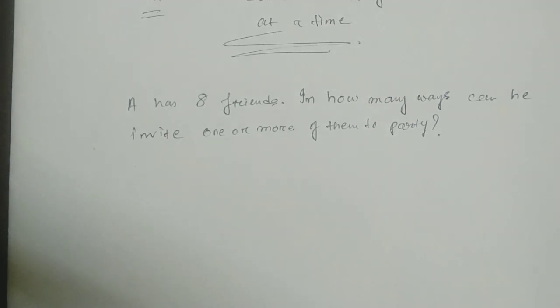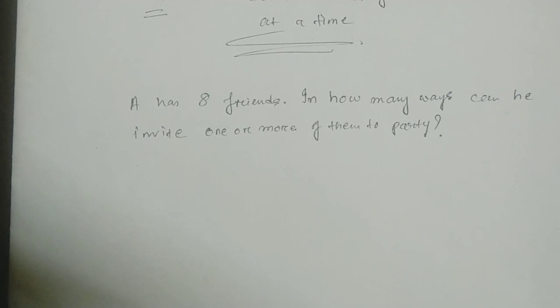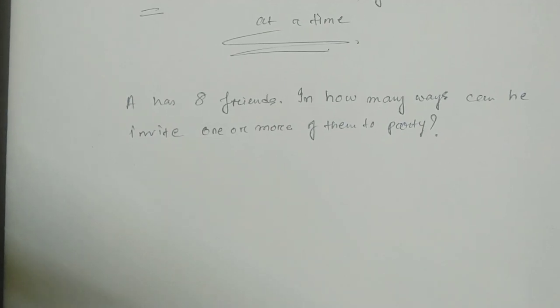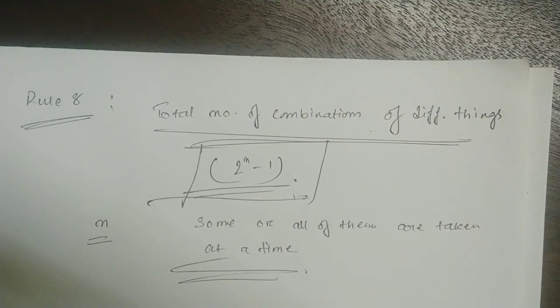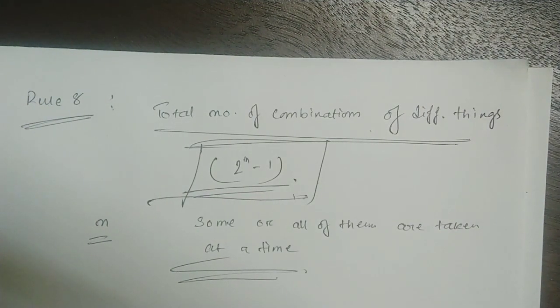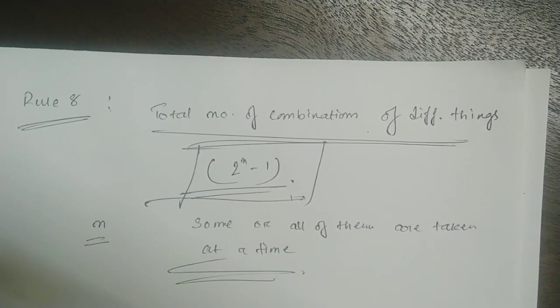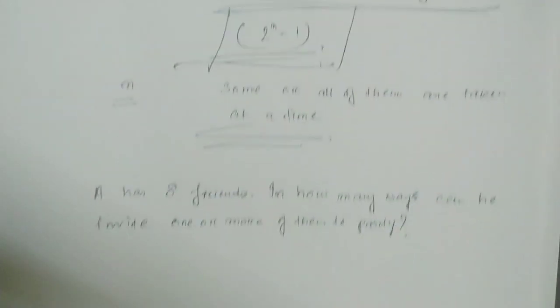Now one or more means he can invite one, he can invite two, and then again the choice becomes which two would be there. Then he can invite 3 at a time, 4 at a time, 5 at a time. So these are different combinations that are possible for him, and there we get the total number of combinations of different things. How many ways if he invites one at a time, how many ways if two at a time?